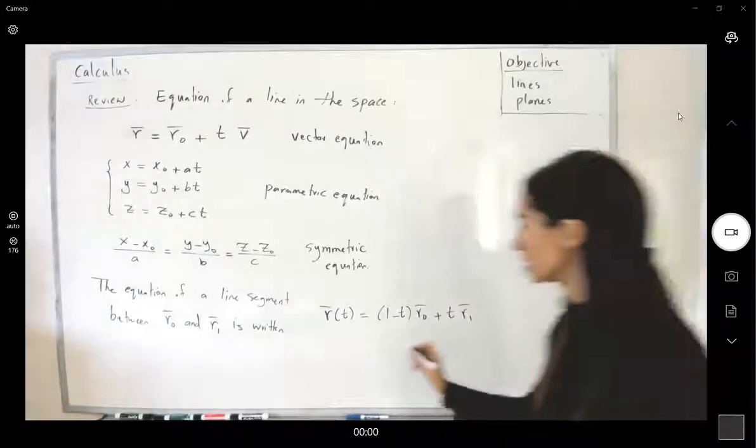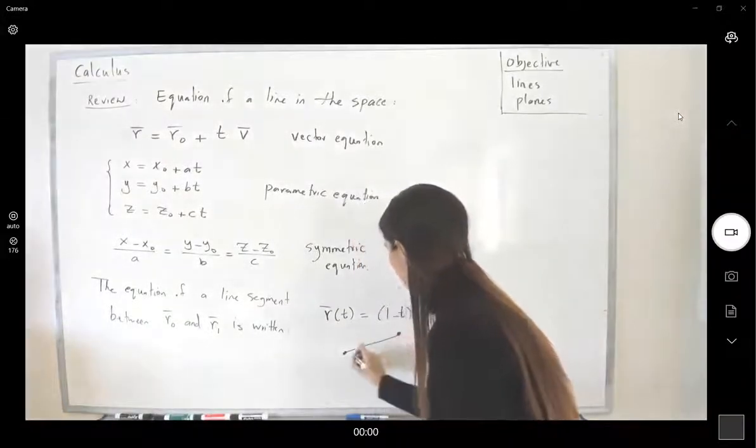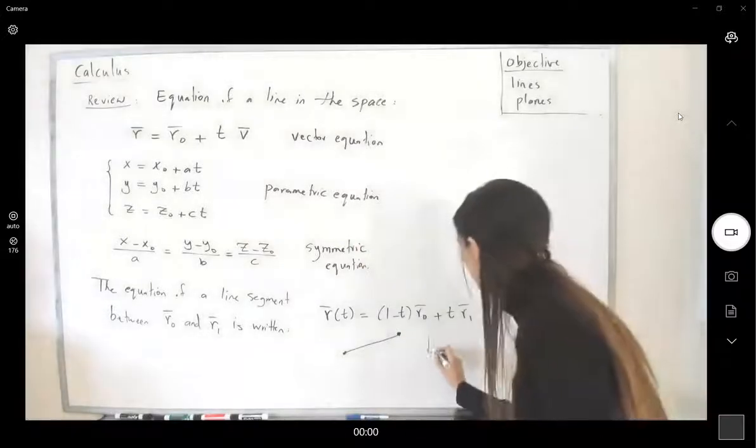So here you have just a line segment, a segment of a line. And t is bounded between 0 and 1.